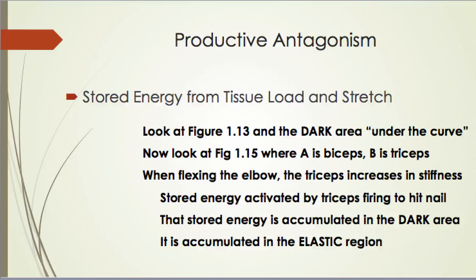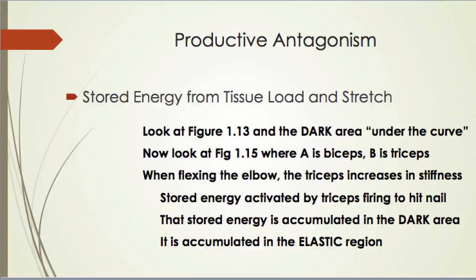So A is the biceps, the hammer is essentially the forearm and the hand, and B underneath is the triceps muscle. When we flex the elbow, the triceps increases its relative stiffness. What we see back here on figure 1.3 is that stiffness, as we flex the elbow, increases the strain and the stress within the triceps.